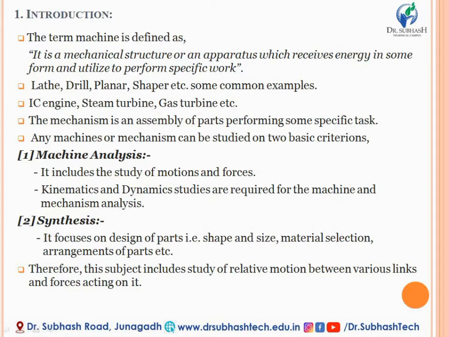So in order to calculate the magnitude and direction for all the points located on links, or for particular links, it is divided further into kinematics and dynamics. So for machine analysis, or we can say mechanism analysis, kinematic and dynamic studies are required.